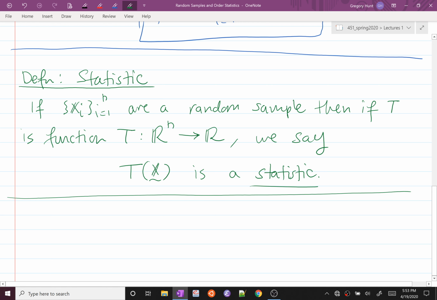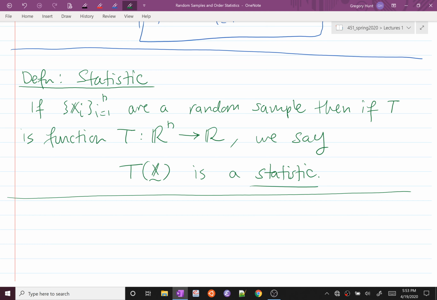So all a statistic is, is a function of our random sample. We have a random sample, x1 to xn, from some distribution f, and we have some function of our sample that gives us a single number. We say t of x is a statistic.